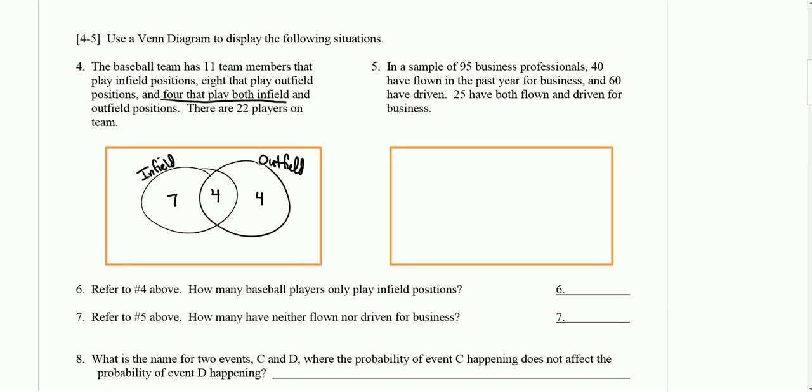And so now we've accounted for 7 plus 4 plus 4, which is 15. But there are 22 players, so the rest of the players don't play infield or outfield. So it would be 22 minus 15, which is 7.